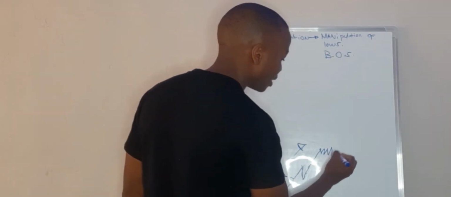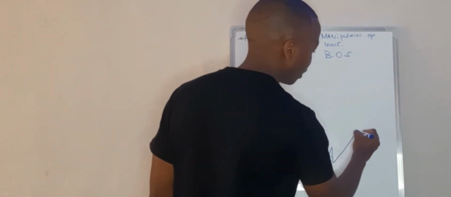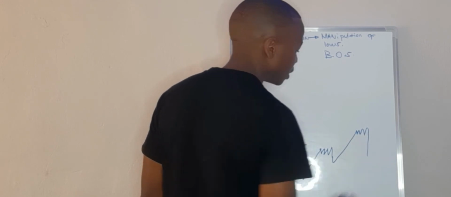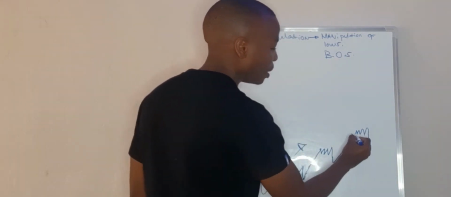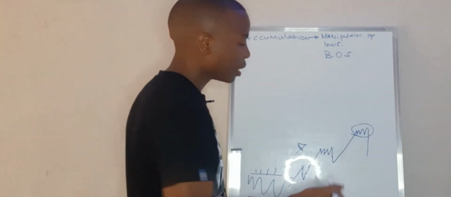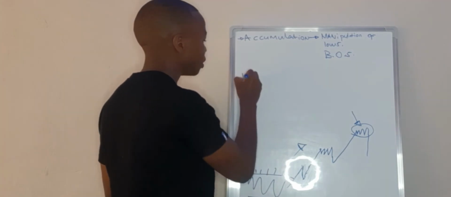Same thing happens. And then at some point, you arrive at an area where the market turns. So you have a mini consolidation, and the market changes sentiment. That phase is called a distribution.